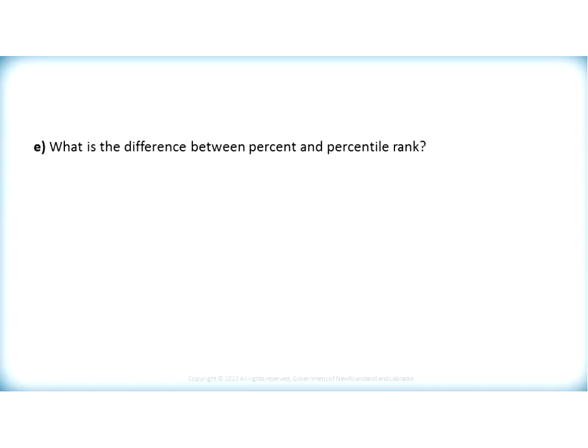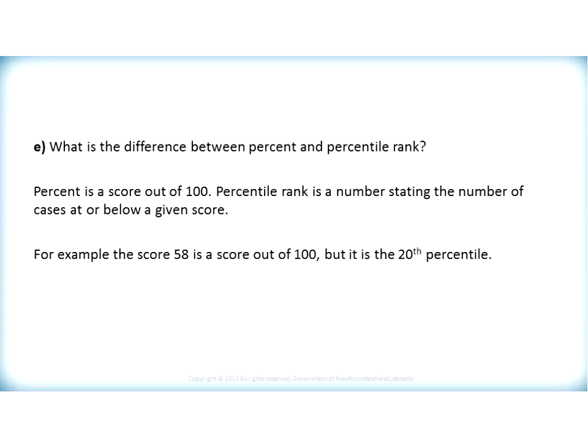And what is the difference between percent and percentile rank? Well, percent is a score out of 100. So if you got a 58 in the class, that means you got a 58 out of a possible total of 100. A percentile rank compares you to the rest of your class in this situation, or compares a given value to all the other values in that group.